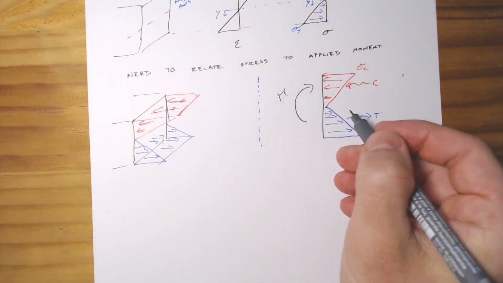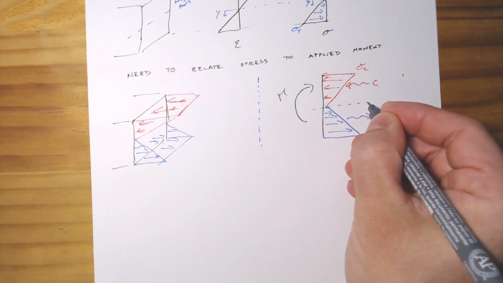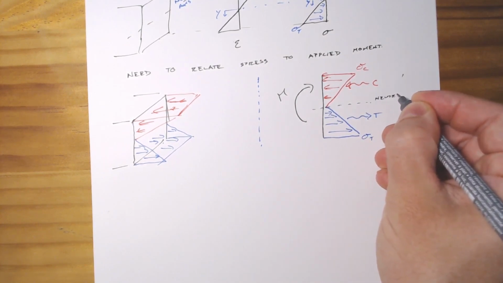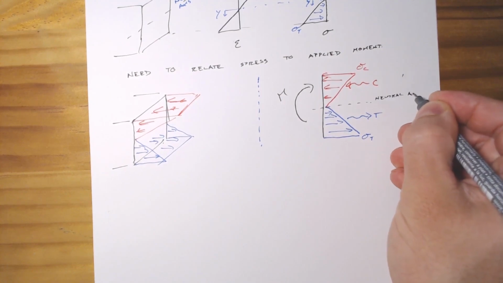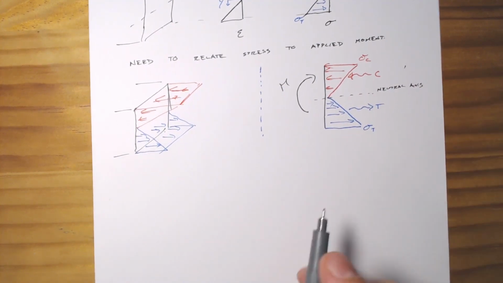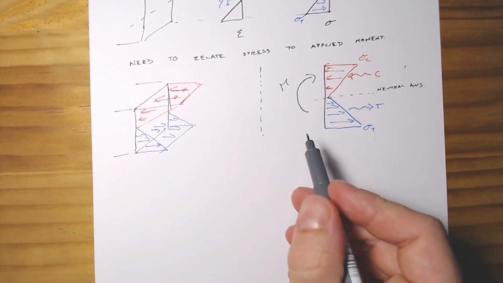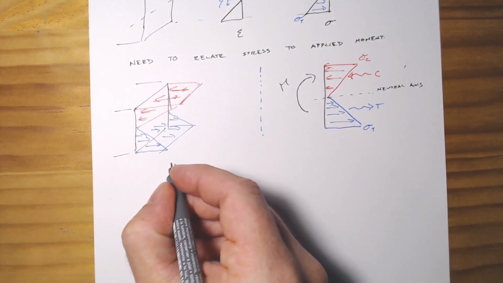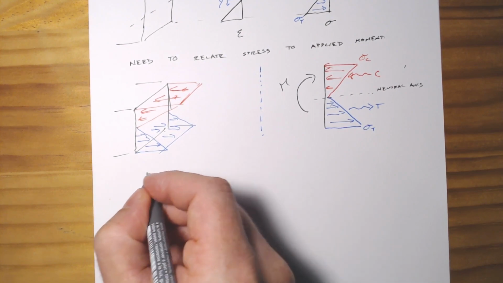So, at the neutral axis here, the section has to be in equilibrium. So we'll say that, and we'll just write this down.